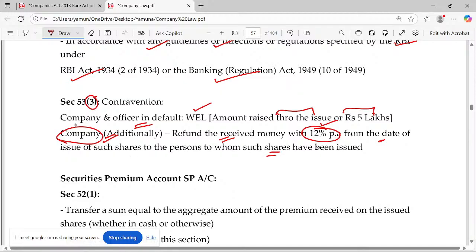So it's called dual penalty. One penalty for the company and officer in default, and in addition to that, the company has to refund the money. Whenever we talk about penalty, we'll get dual penalty, one for the company and another for the officer in default. The refund is actually not a penalty, but along with the interest it is, right? That's why we call this a penalty.